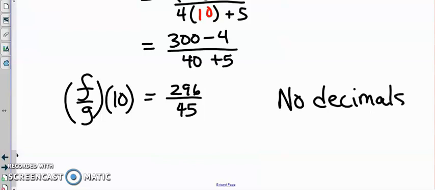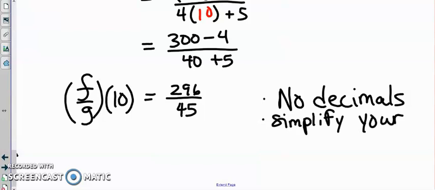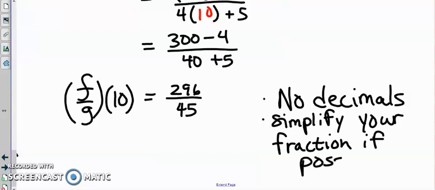But simplify your fraction if it's possible. If it's not possible, don't simplify it down. If it is possible, simplify it down. But again, no decimals. All right, so that is our first part. So now you guys have some homework to work on that deals with operations. So have fun.